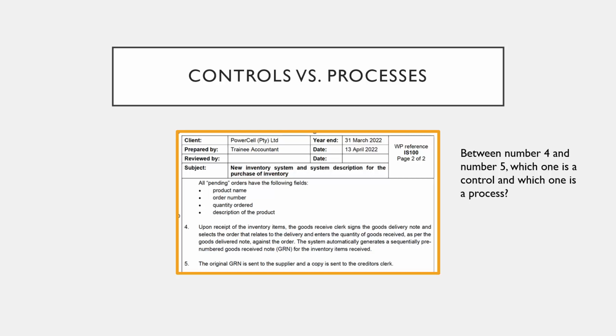So now, what does this mean? This is a preventative control because we are preventing the goods that we receive, the quantity of goods received, being incorrect. And the question is, how do we then test this control?